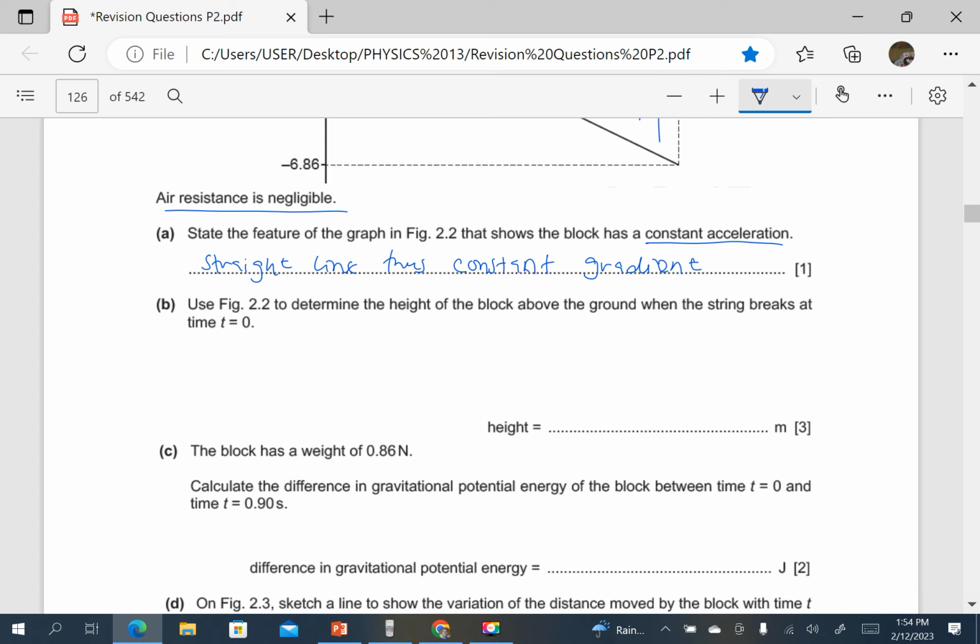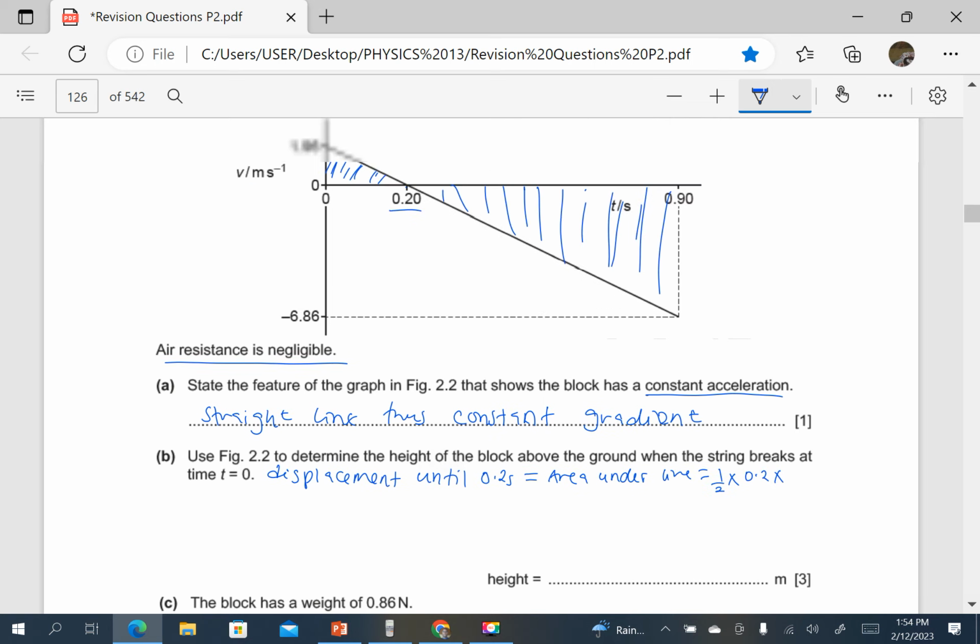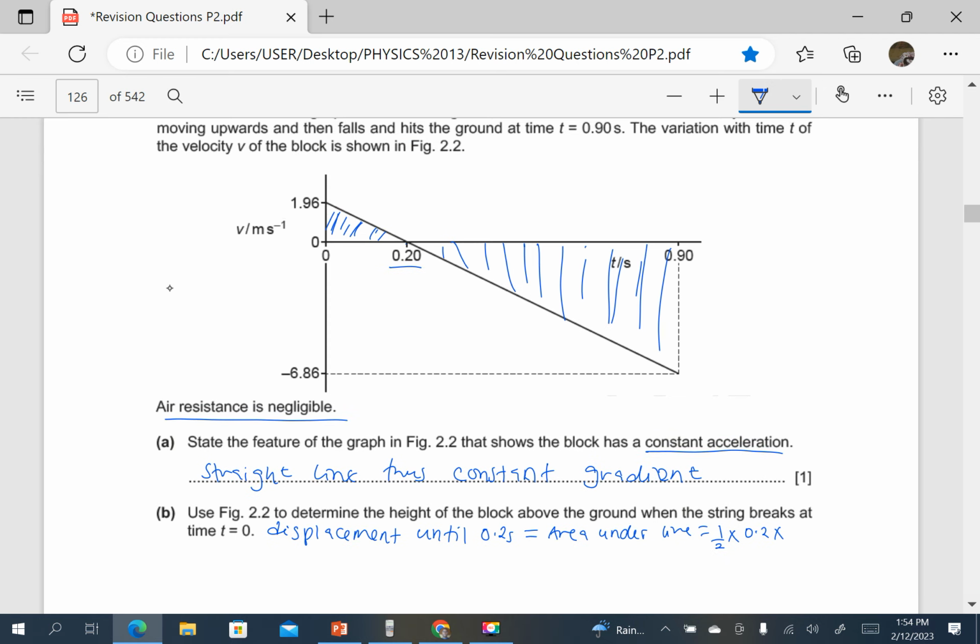It continues upwards after the string has broken for 0.2 seconds, which is going to be equal to the area under the line, and that is a triangle, half times the base, which is 0.2, and the vertical height is 1.96.